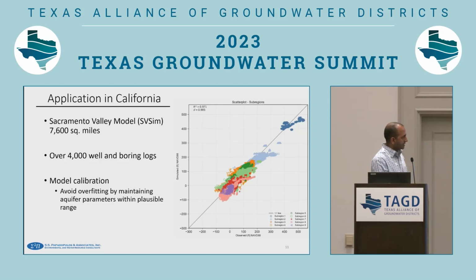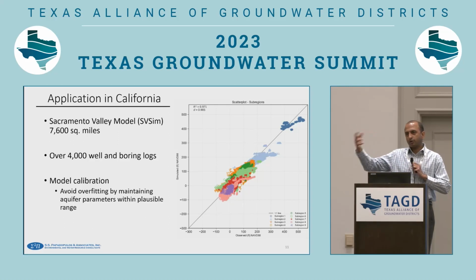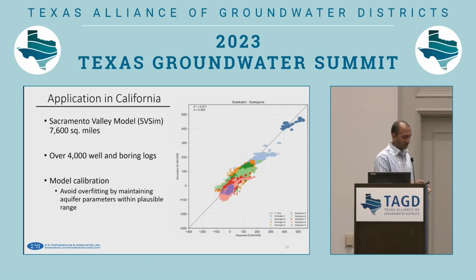The calibration looks as good as it does, but the main point here I'm trying to make in context of aquifer parameters is we took great care in not overfitting the model. Typically, if your water budgets are off, or if you're doing model calibration, most of the error is kind of dumped in aquifer parameters, because those are the ones you tweak and you adjust, and if anything is off, it's taken up by aquifer parameters, okay?